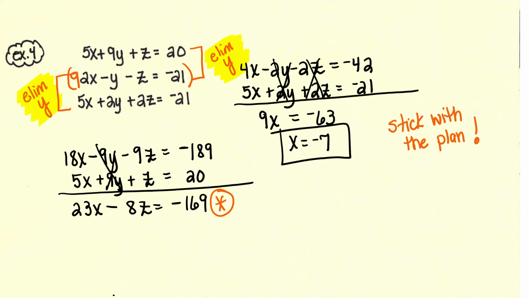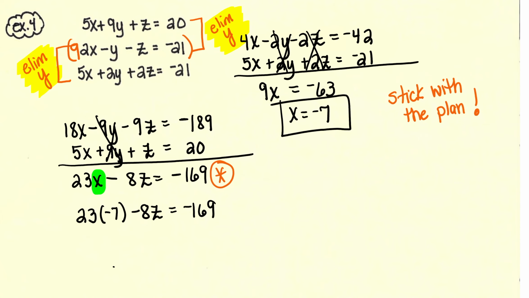So what we want to do at this point is, since we already have this answer, which we typically go put into a star equation, that's what we're going to do. Just go put it into the only star equation that you have. So when I do that, I'll have 23, but where the x is, I'm going to put negative 7 minus 8z is equal to negative 169.